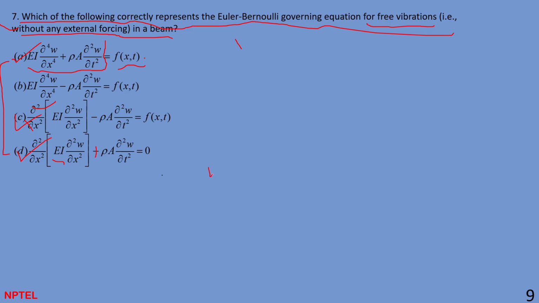You see W is a deflection. Deflection is a function of the spatial coordinate, which is x here, and the temporal coordinate. And if you remember, they have taken it as a summation from 1 to n of capital W i of x times a function of time.